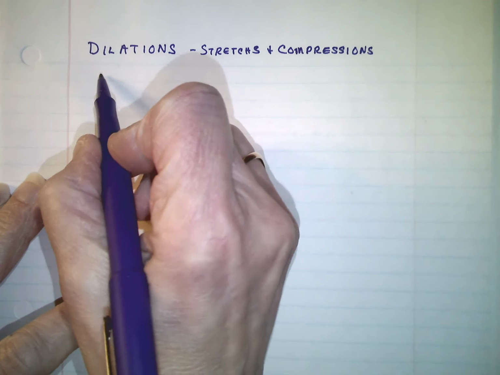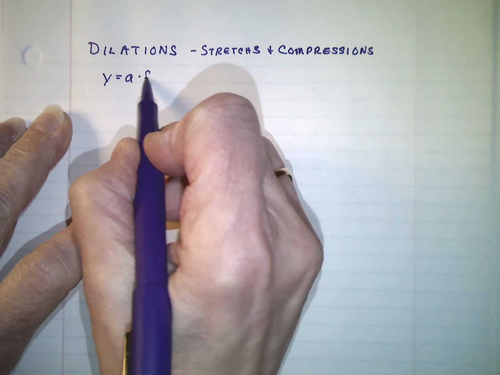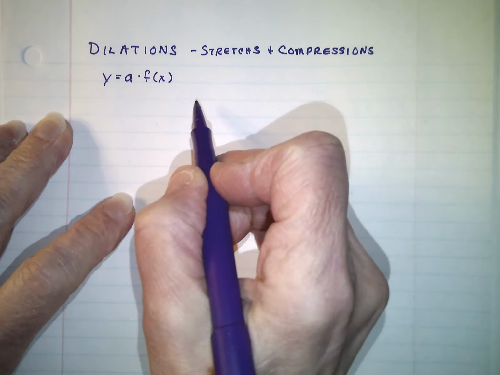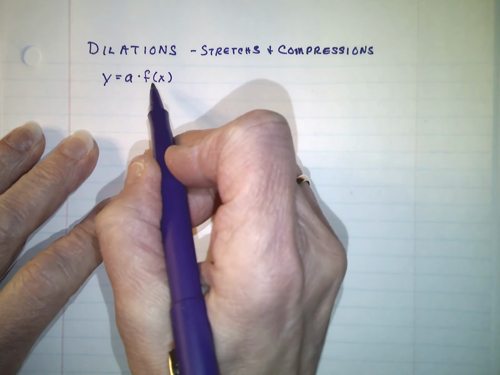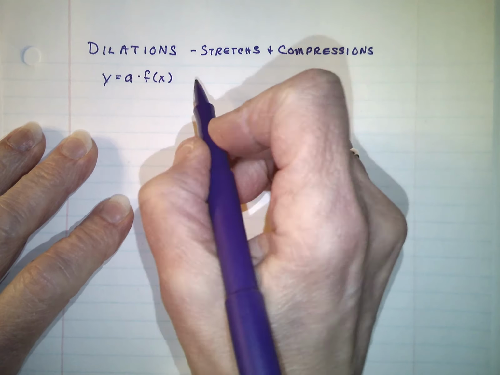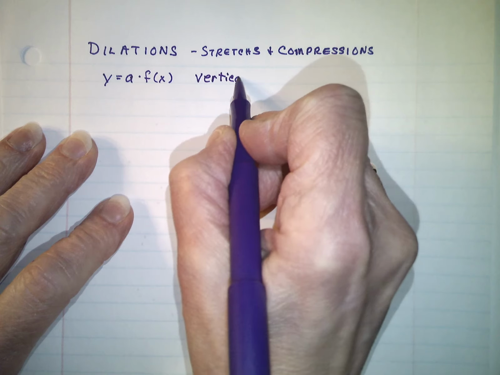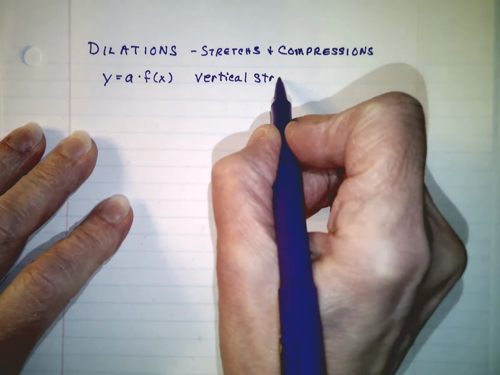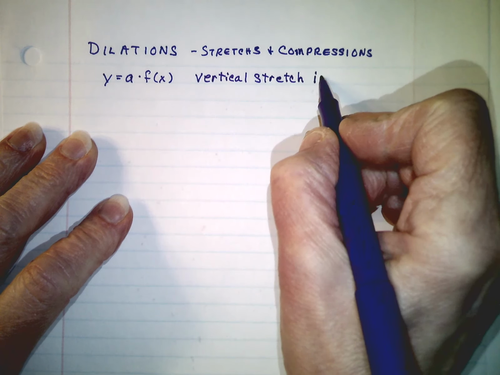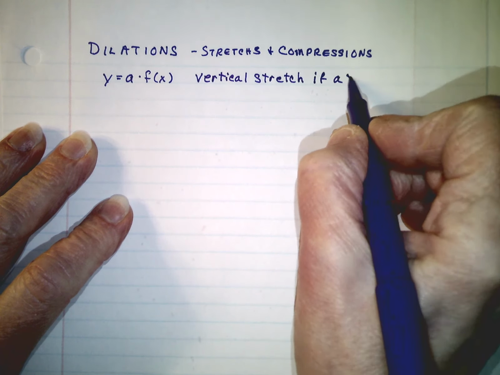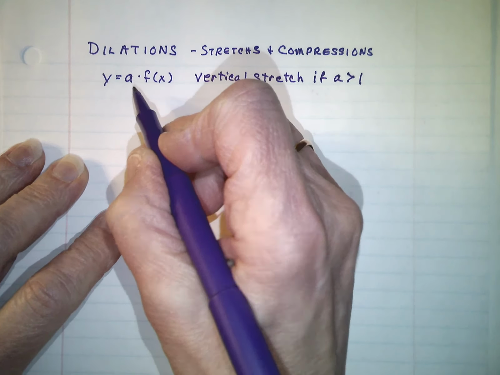So, if we have y equals a times f of x. Now, this is an outside thing. It's going to affect the y's. It's going to be a vertical stretch. The y's are going to get bigger if our multiplier out there is greater than 1, if we're multiplying by 2 or multiplying by pi.